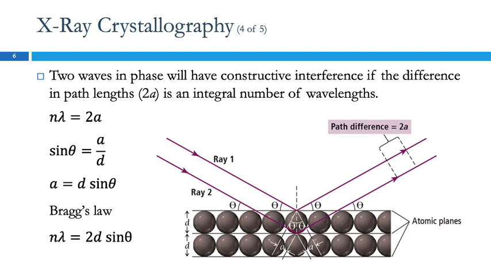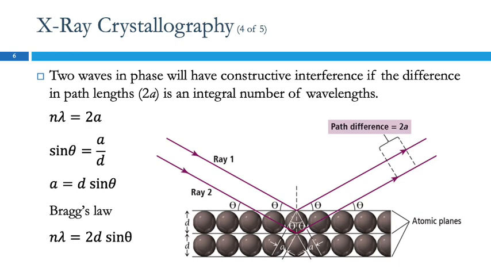And so there's all this math stuff here, right? It comes down to Bragg's law, which says that some integer number n times the wavelength will be equal to 2 times d, which is the spacing between atoms, times the sine of theta, where theta is the angle of incidence.